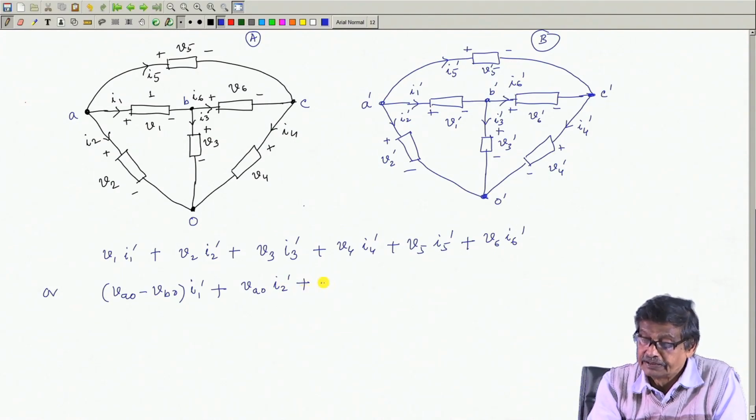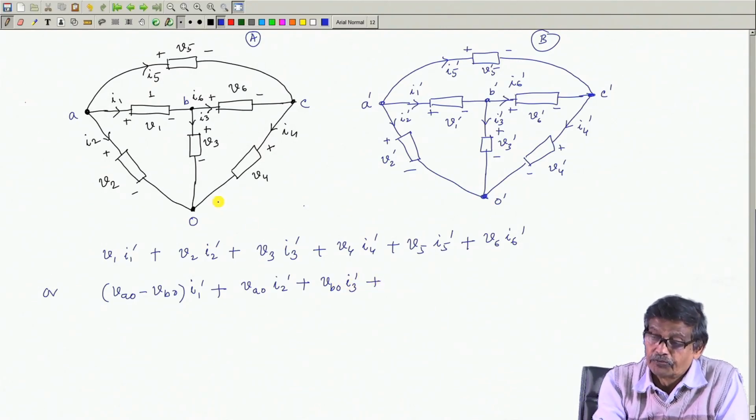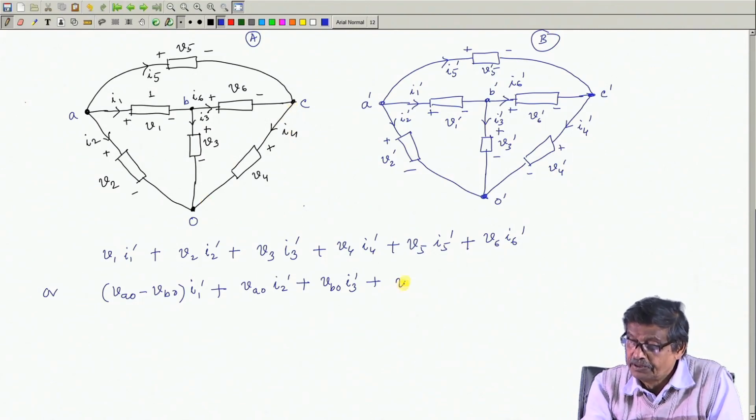What is V3? VB0 into I3 dashed, plus what is V4, voltage across element 4, is nothing but VC0, VC0 into I4 dashed.